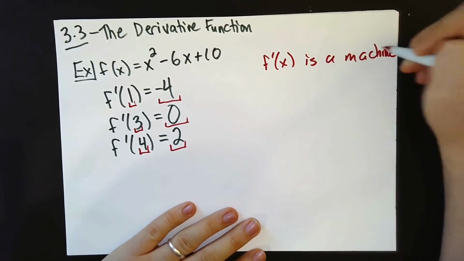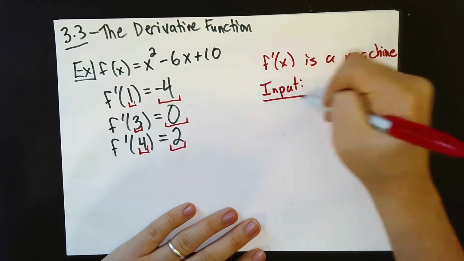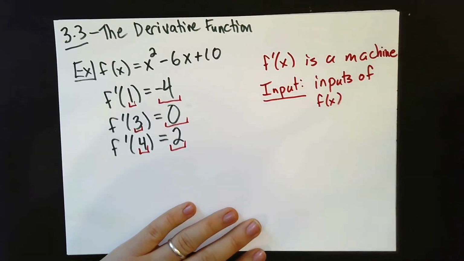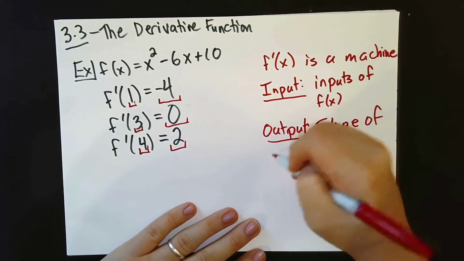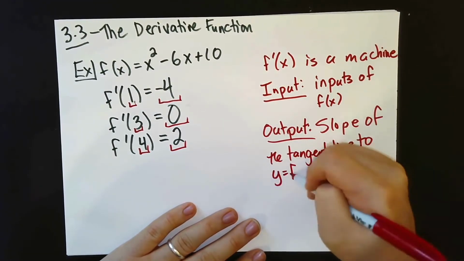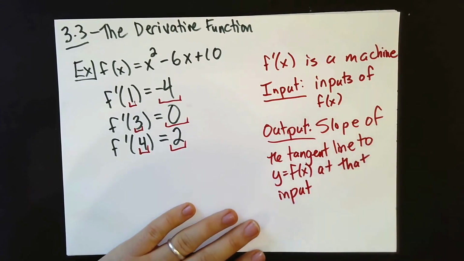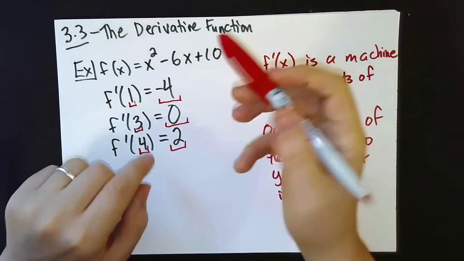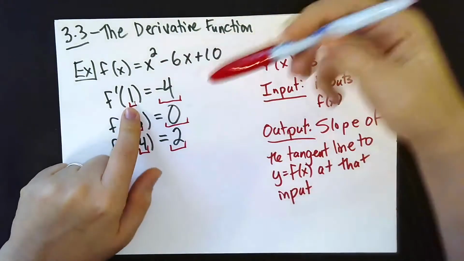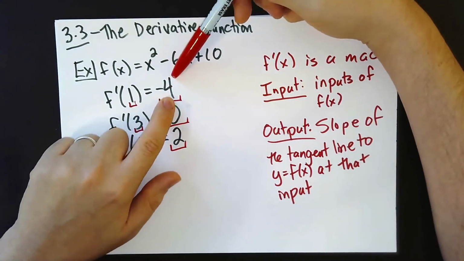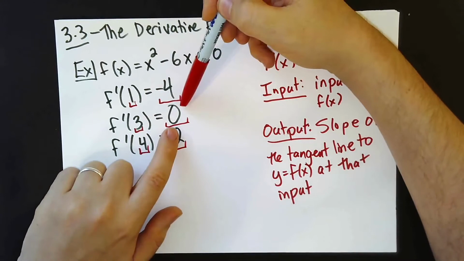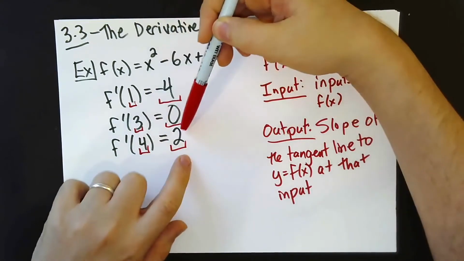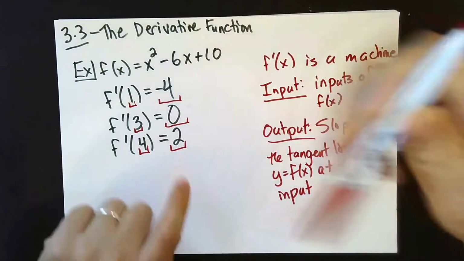It's a machine that takes as inputs the inputs of f, and as an output gives us the slope of the tangent line at that input. In other words, at the input 1, the slope of the tangent line there is minus 4. At the input 3, the slope of the tangent line there was 0. At the input 4, the slope of the tangent line there was 2.